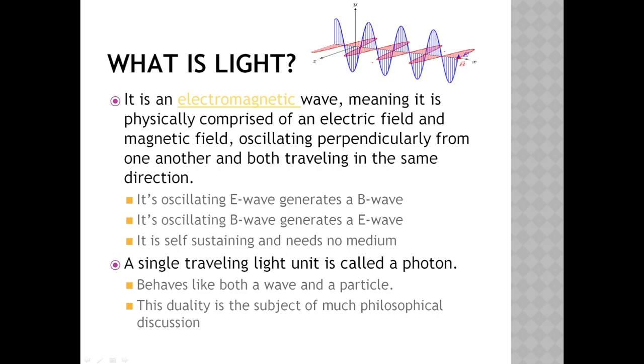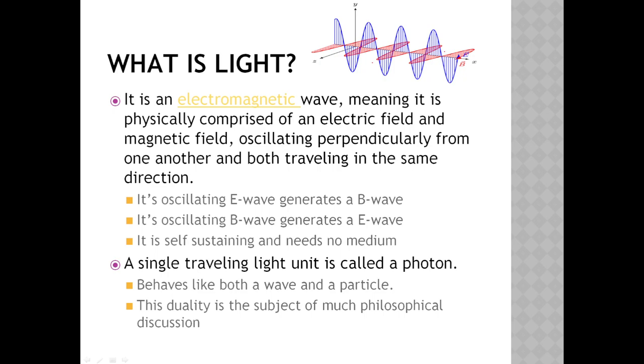But because we can't really see or interact with single photons to actually grab one and study it and see what it's made out of, some of it is still guesswork. So I'm giving you the best information that currently exists in the way that we currently understand it. But this is why it's called an electromagnetic wave, because it's literally made out of electricity and magnetism traveling together at once.